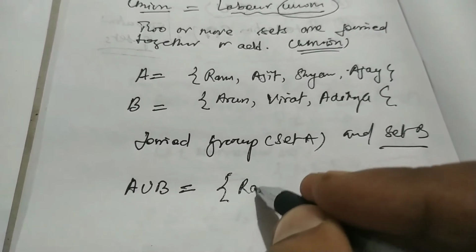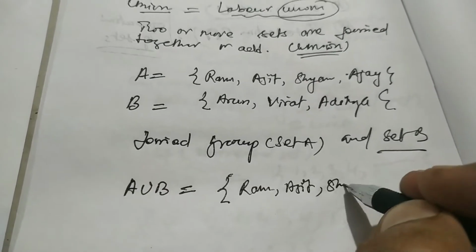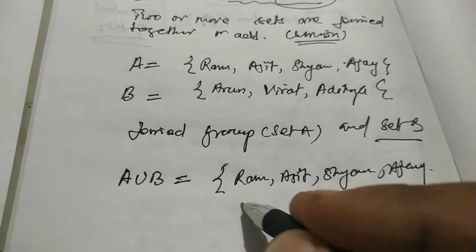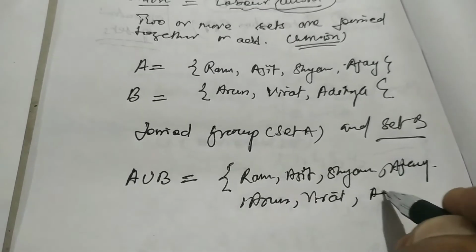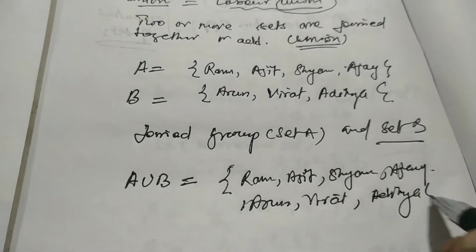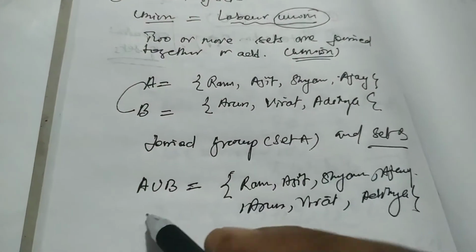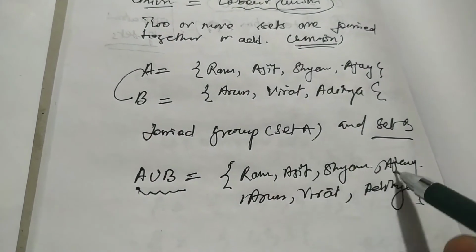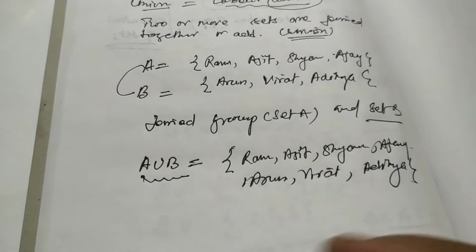So I write Ram, Ajit, Shyam, Ajay, Arun, Virat, Aditya. That is called union. These two groups have been joined, and we write A union B, and all the members of the two groups have been joined together.